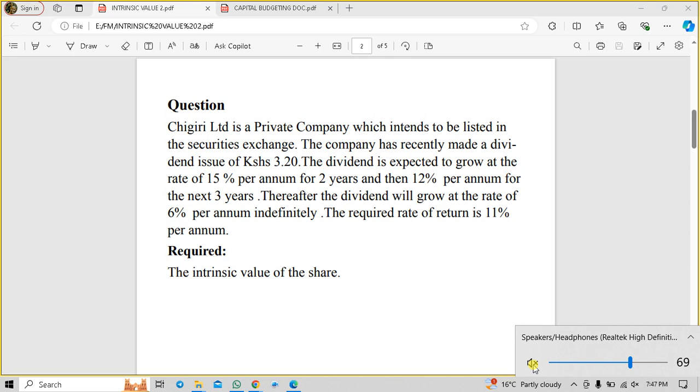Another reason why people buy shares is because of dividends. Each and every company gives dividends, but the dividends vary. There is a company called BAT, British American Tobacco.